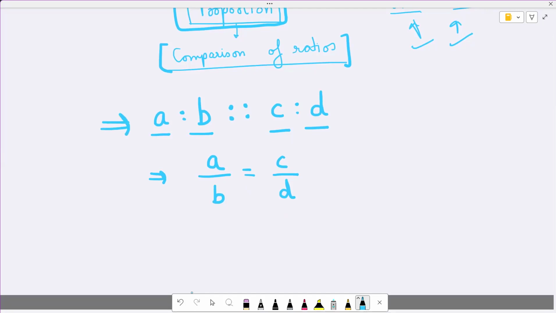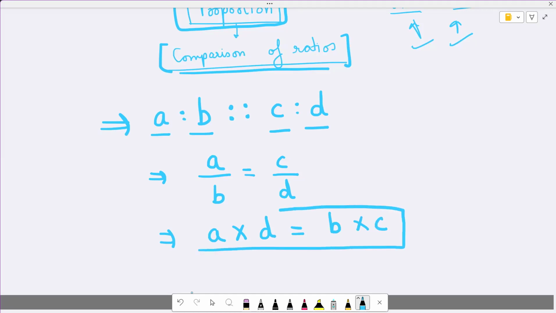Okay, this is the sign of proportion and these are two given ratios which we are comparing. And this means that A upon B will be equal to C upon D. Or we can also write that A multiplied by D will be equal to B multiplied by C. This is another conclusion that we can draw.